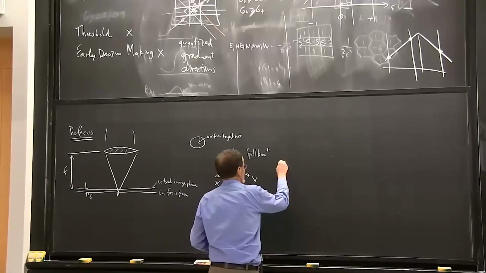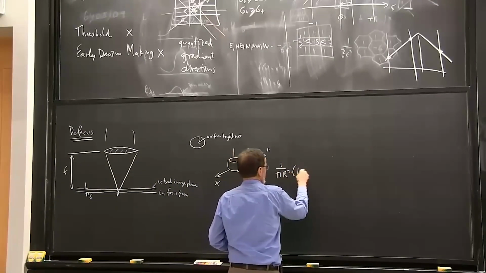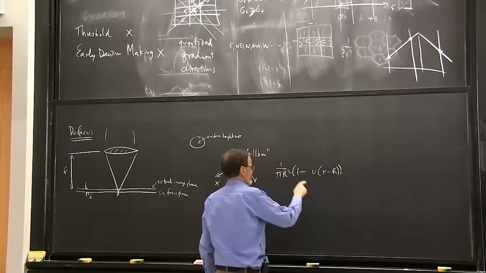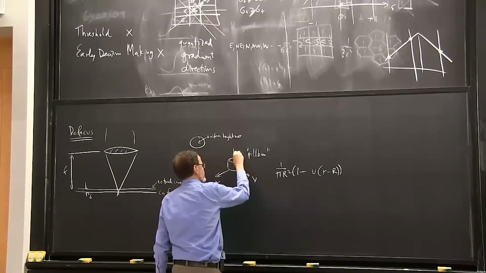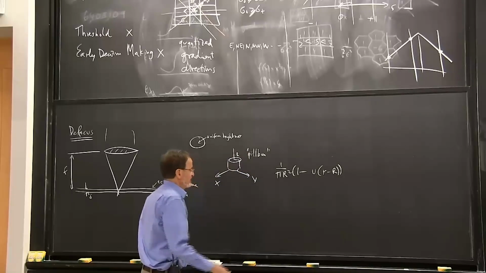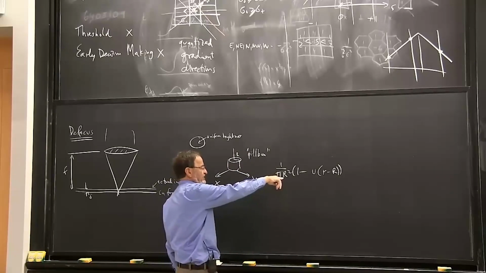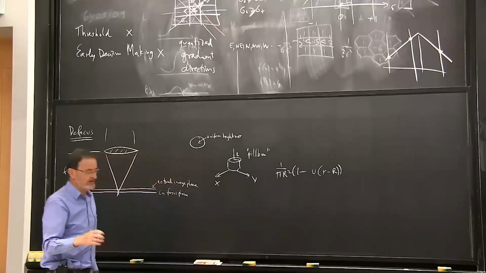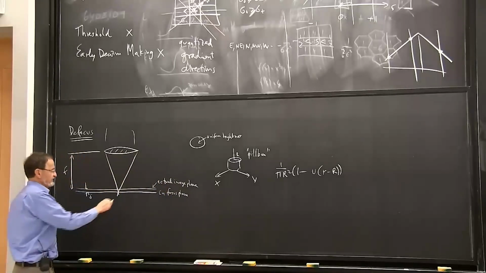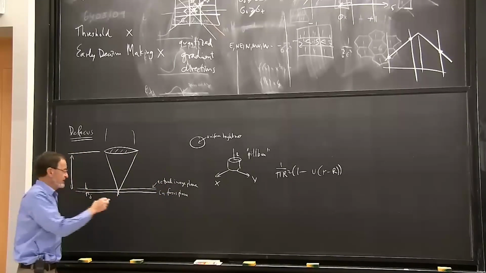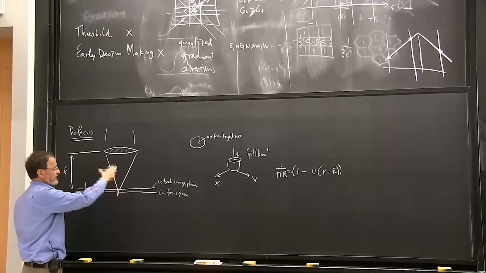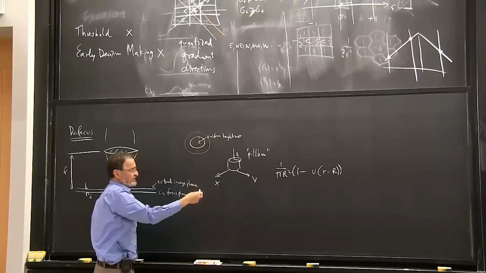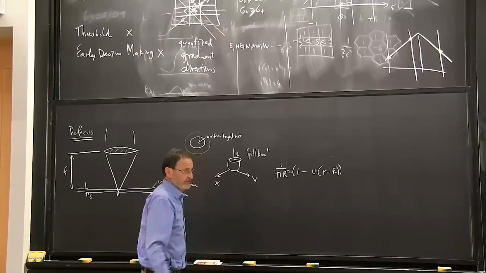And if I want to describe it mathematically, big R is the radius of the little pillbox, and I divide by pi r squared, 1 over pi r squared, because the same energy is being deposited into that area no matter how out of focus I am. So if I'm in focus, it's all concentrated at one point. If I'm out of focus, that same amount of light is spread into a larger and larger circle. And so I compensate for that by dividing by the area of the circle.